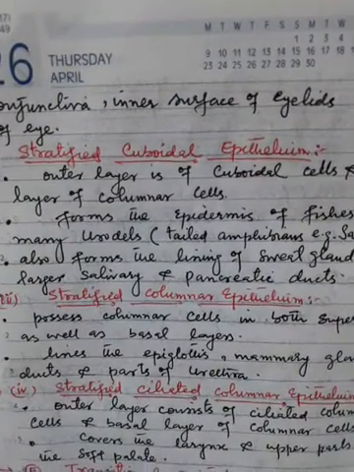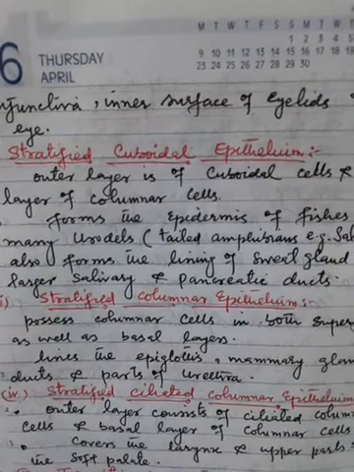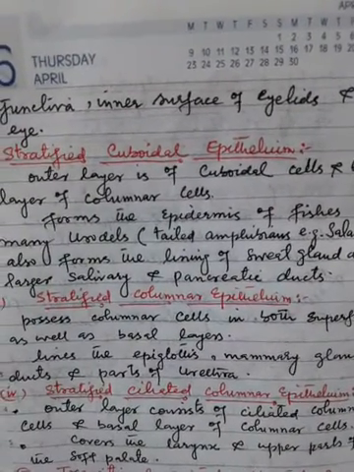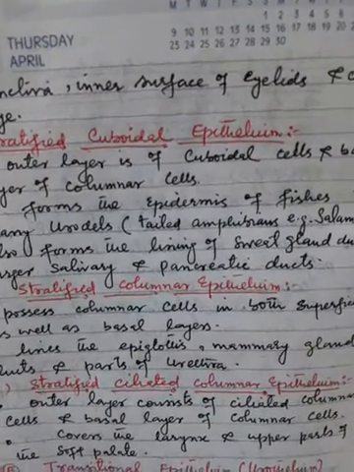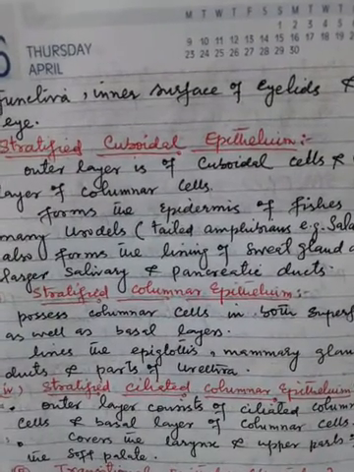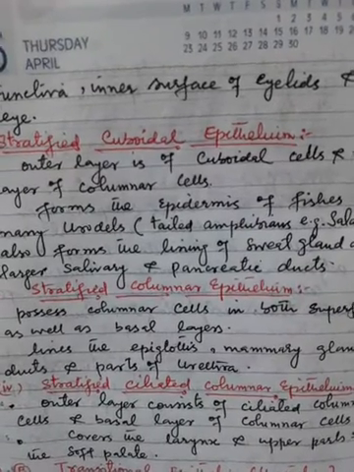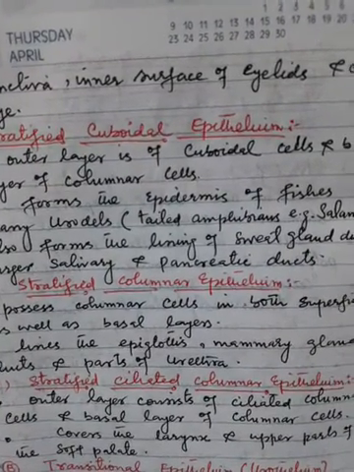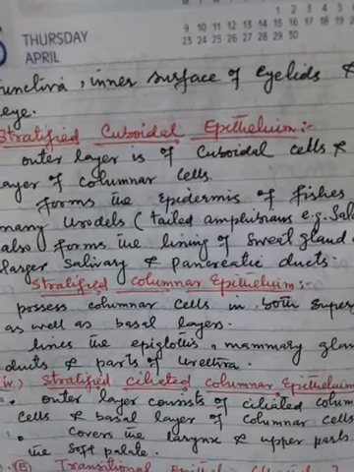Now, the fourth type, stratified ciliated columnar epithelium. The outer layer of this tissue consists of ciliated columnar cells and basal layer of columnar cells. This tissue covers the larynx and upper parts of the soft palate.